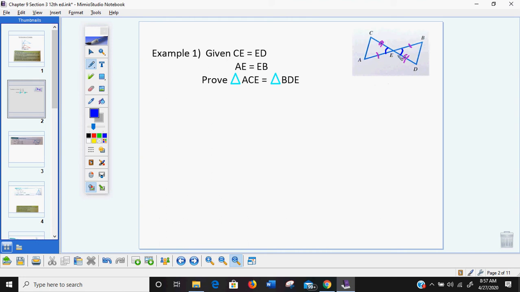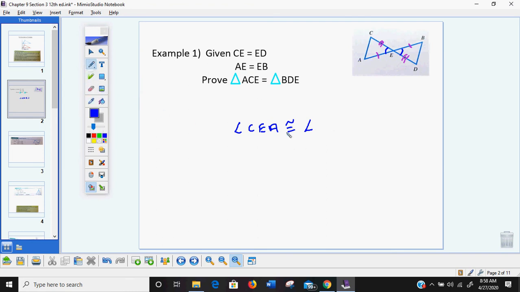Well, this is a vertical angle. So angle CEA is going to be congruent to angle, oops, wrong one. CEA is going to be congruent to DEB. So let me fix that.